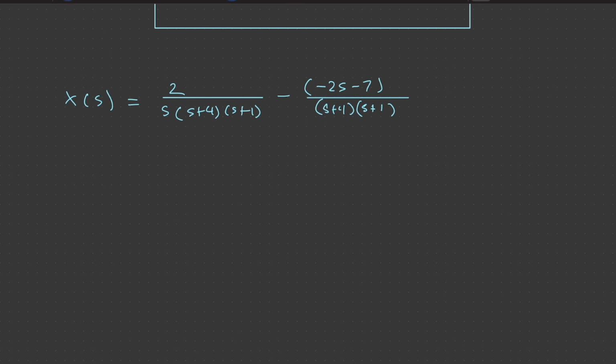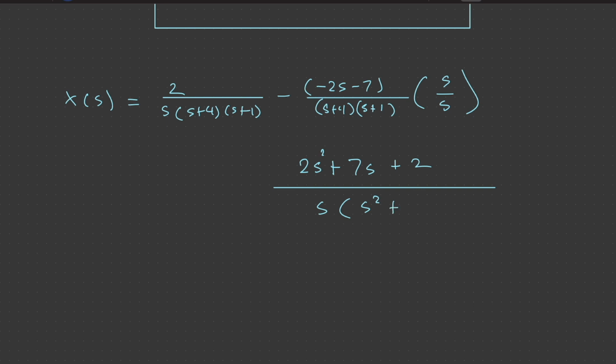I'm just going to combine both these into one fraction. So again, that'll be 2s squared plus 7s plus 2 on the top. And then on the bottom, we'll have s times s squared plus 5s plus 4.